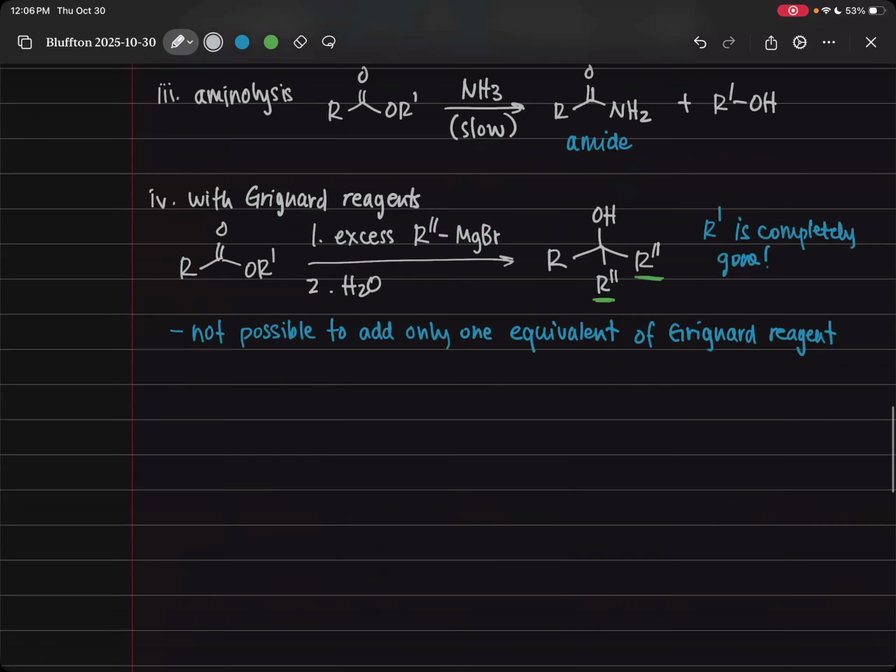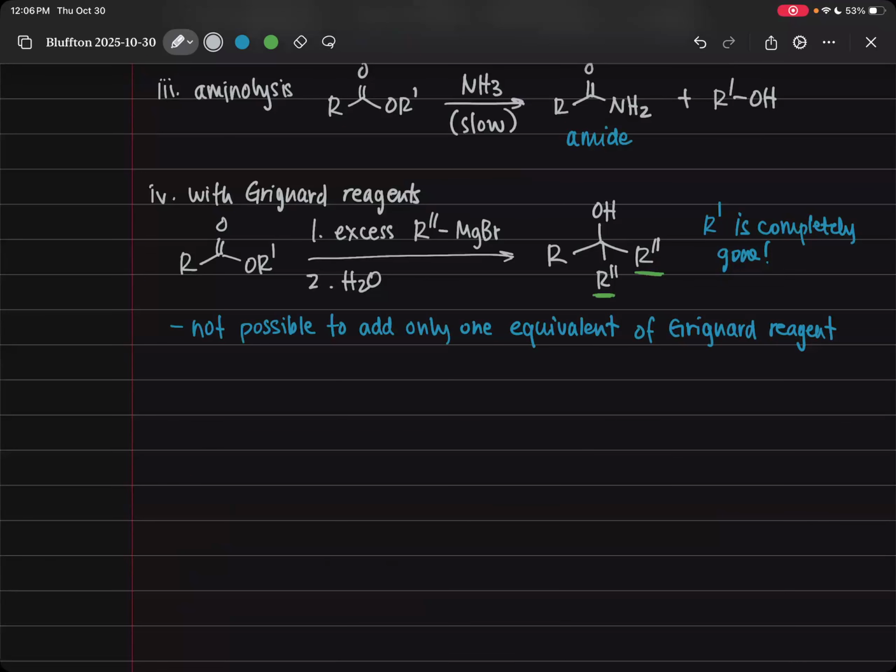So let's do an example there. I've got a little bit of time. So what if we started with, of this last part, the Grignard reagent. Let's use ethyl acetate.